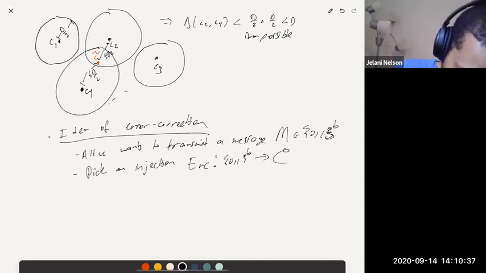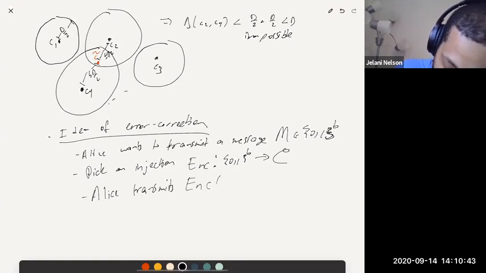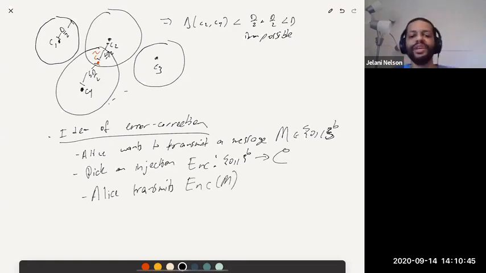And what Alice does is Alice actually transmits not her message, but the encoding of her message, right? And as long as the channel, that's another kind of jargon word that people use in coding theory. The channel is the medium by which she transmits the message. So it's the CD or the phone line or whatever medium is being used.